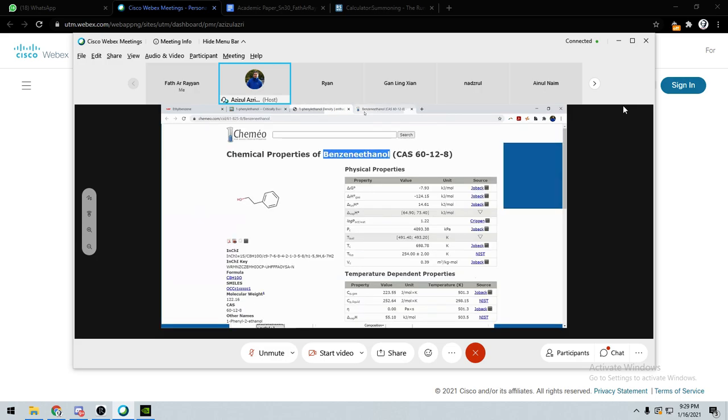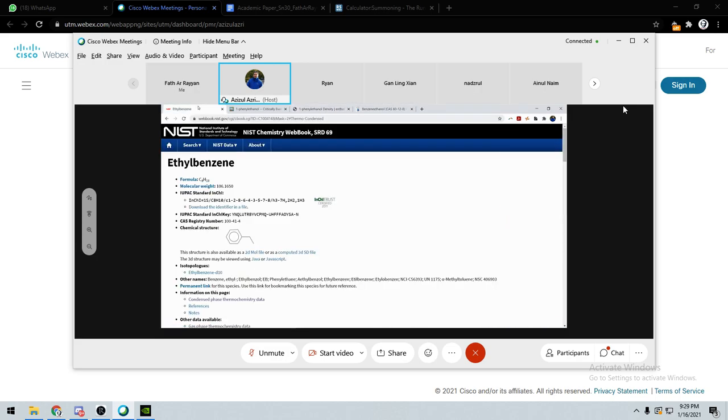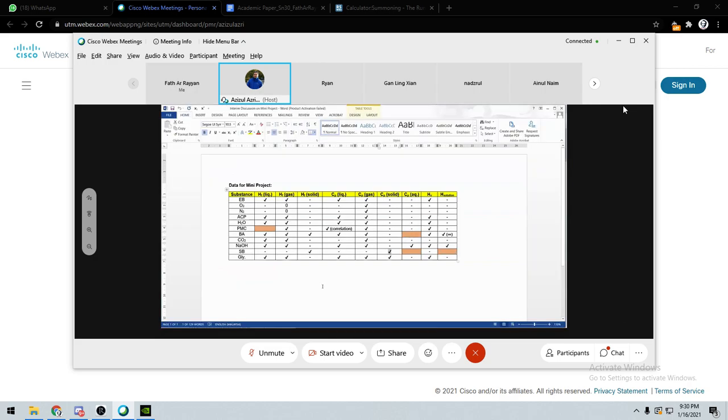You can also refer to Perry's Chemical Engineers' Handbook. By looking at the data that I managed to find, I don't think there would be a problem for you to solve the mini project. It's only that you need to find an alternative rather than the normal route.